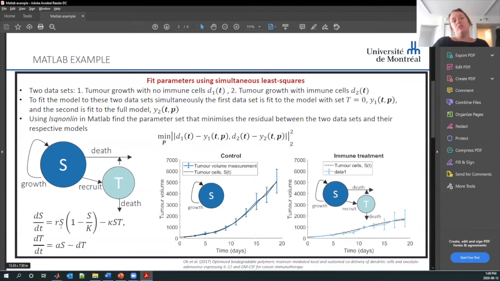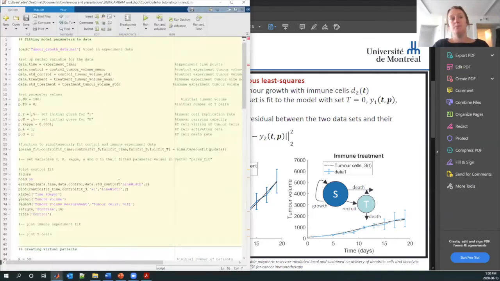For now, let's just assume that our guess of 1 for R might be enough, and we need another guess for K. K is the carrying capacity of the tumor, so basically, how large is it going to get before it stops proliferating? It's definitely going to get above 5,000 because it's not there yet, so it might get up to, let's just say, 10,000. So we'll set R to be 1 and K to be 10,000.